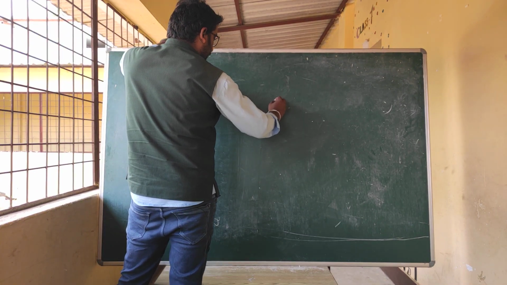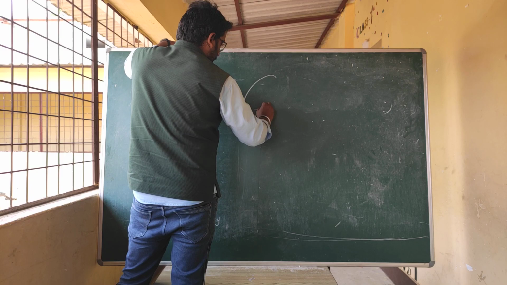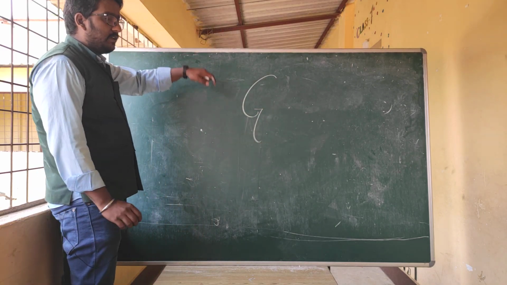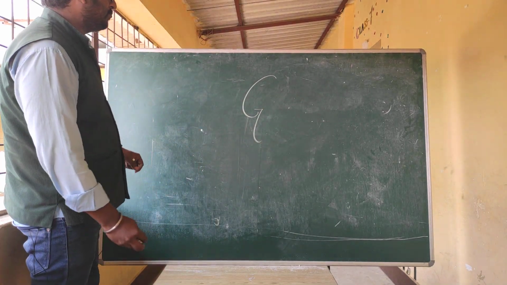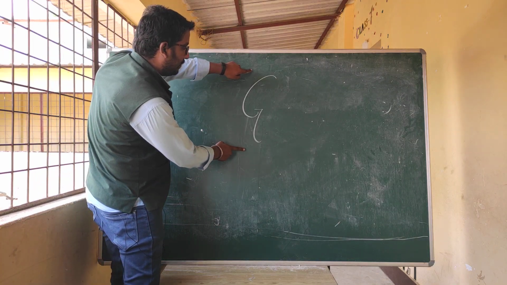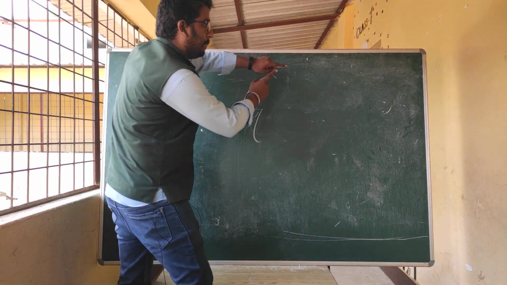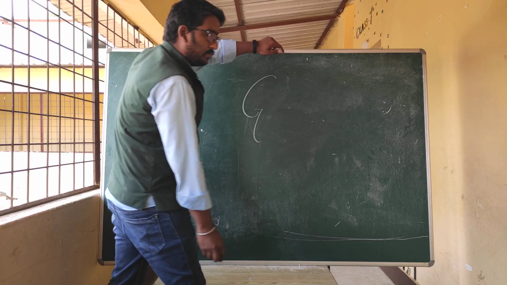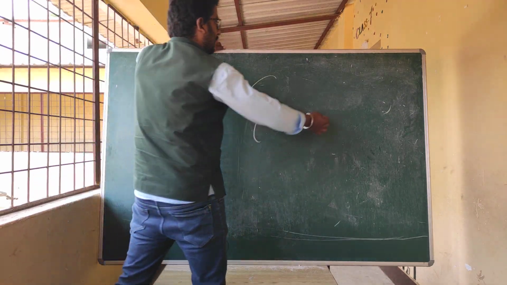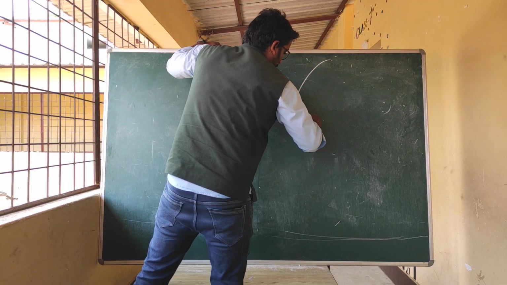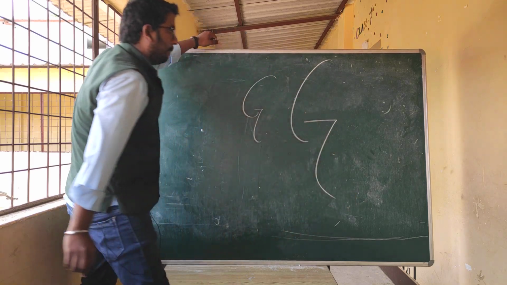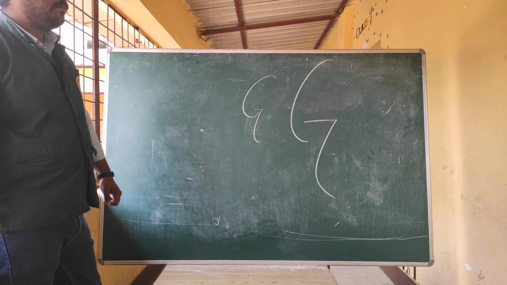Suppose I write a letter G. This is the size of the letter G, and to draw the exact pattern in a bigger size, what should I do? It is easy to go like this and make it like this, but here you can see that there are many differences.